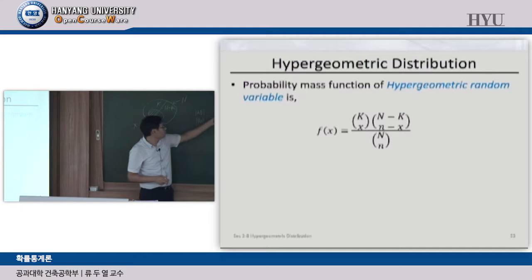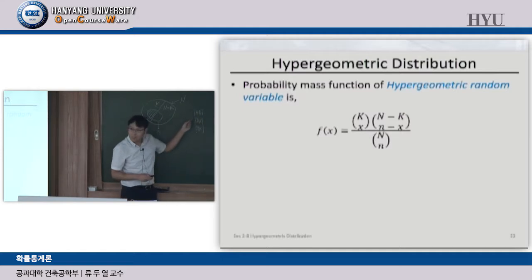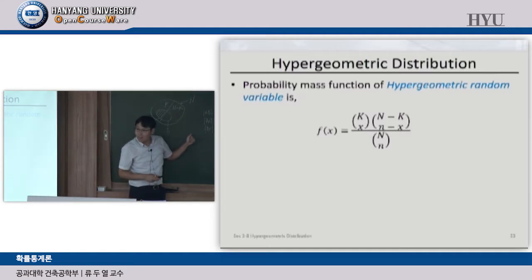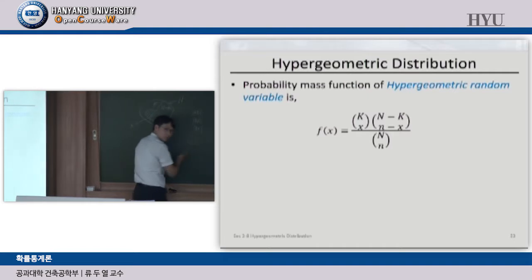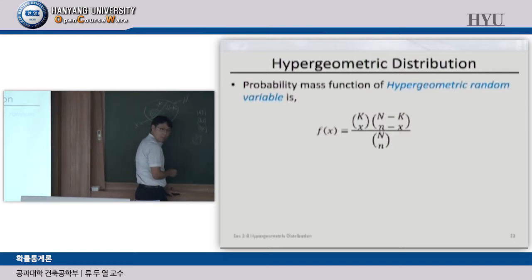Among these three, the possibilities of selecting two are all of these, right? So how can you calculate this? That is simply 3 choose 2, right? Because in this case, x is 2. So 3 choose 2 is the number of outcomes in which we obtain any 2 items from the large K. This is equal to 3.